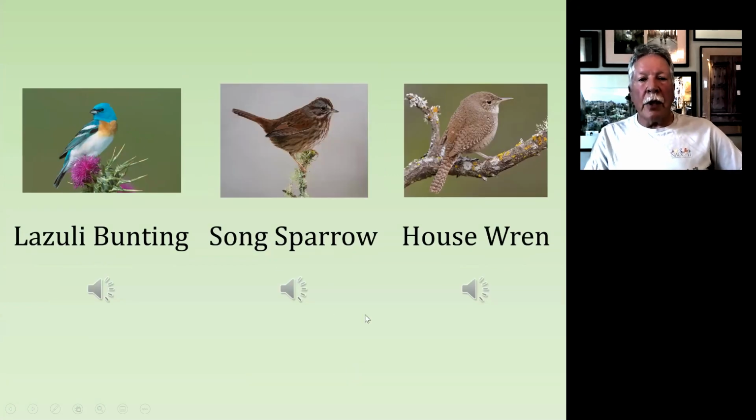Now moving back to song learners and some birds with some really complex and very fast songs. The lazuli bunting, if you can hear it, this is a good one to slow down in Audacity and listen to. Very often their notes are paired. They come in twos. And the quality is very tinkling and musical to my ear.